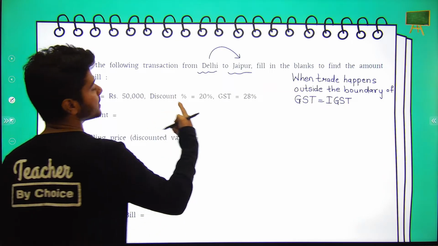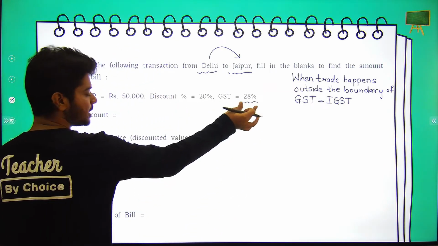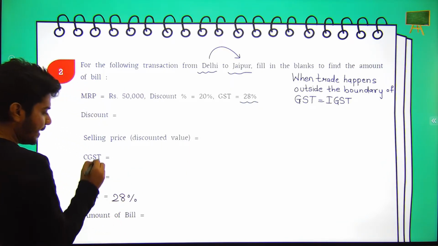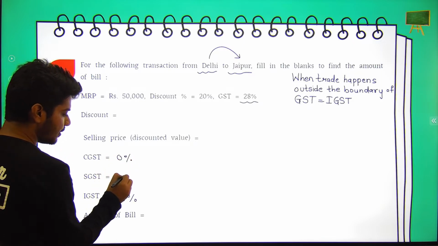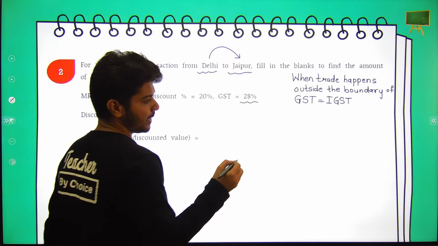Now what is the percentage of GST given? They have given 28%. So GST will be equal to IGST. This would be 28%. And in this case, CGST will be 0% and SGST will be 0%.